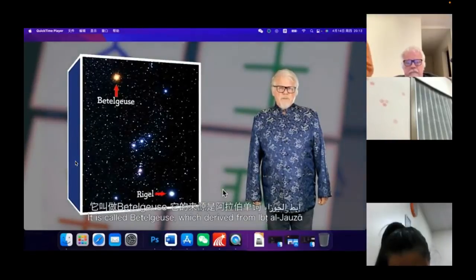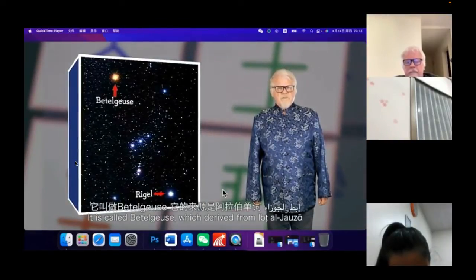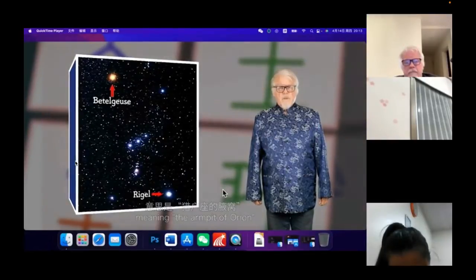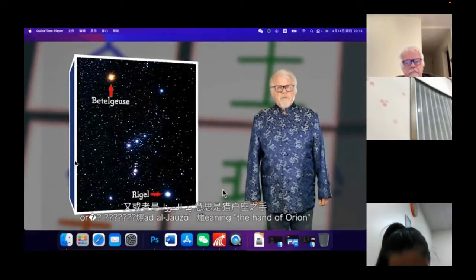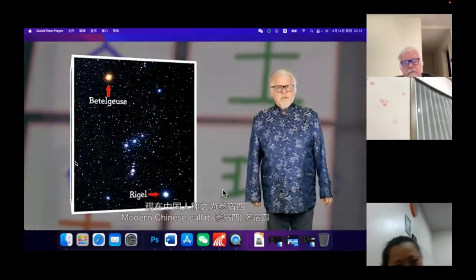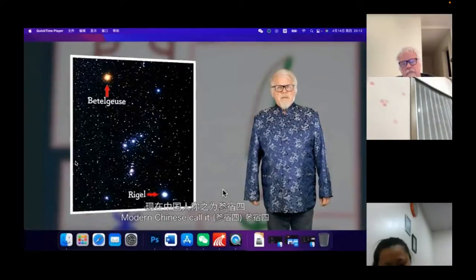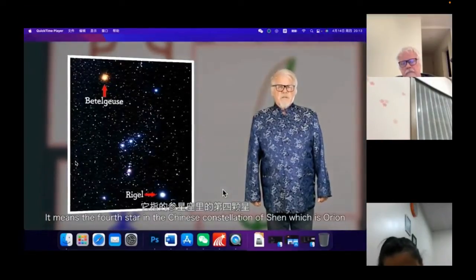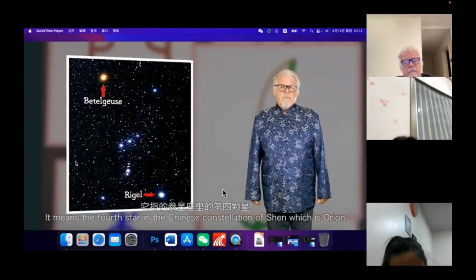It is called Betelgeuse, which derives from either the Arabic meaning for armpit of Orion or Yad al-Jauza, meaning the hand of Orion. Modern Chinese call it Shenshou Si. It means the fourth star in the Chinese constellation of Shen, which is Orion.